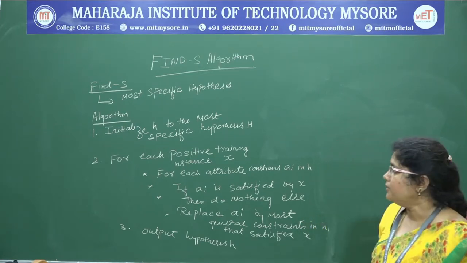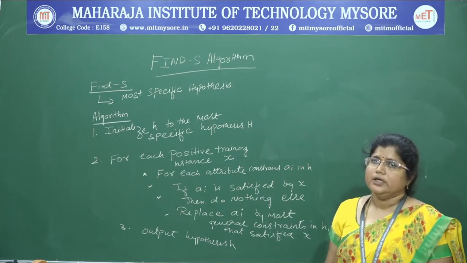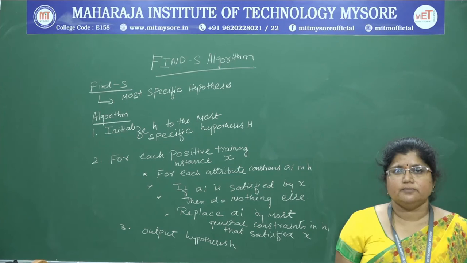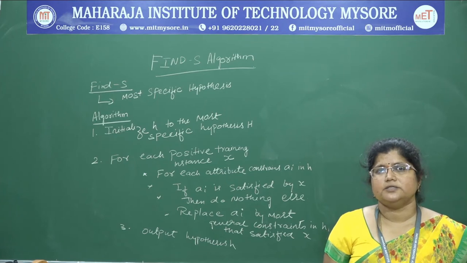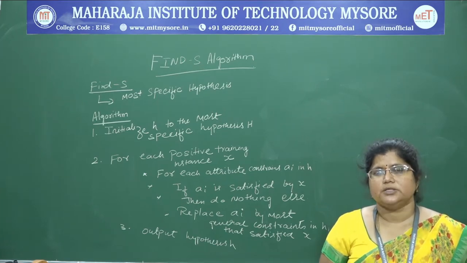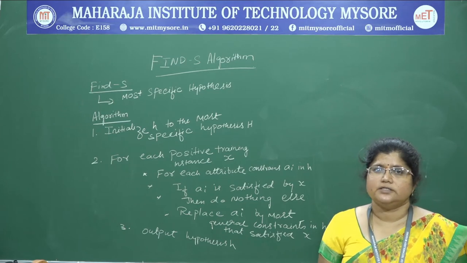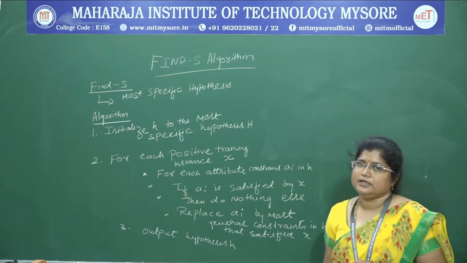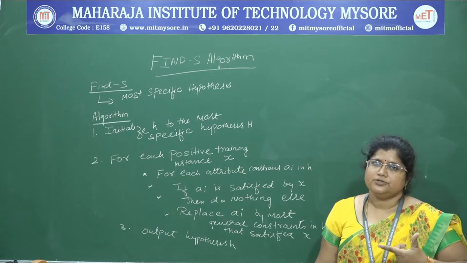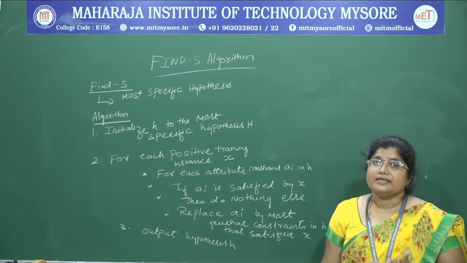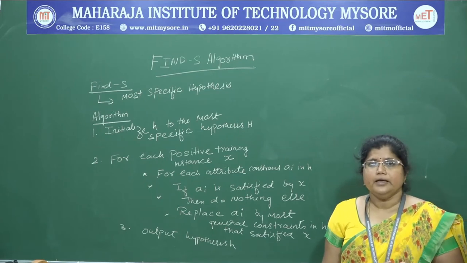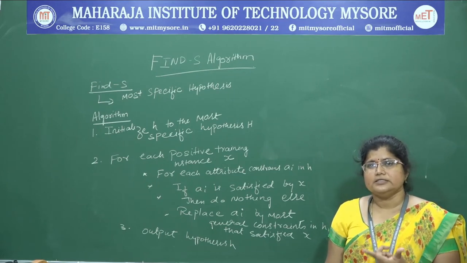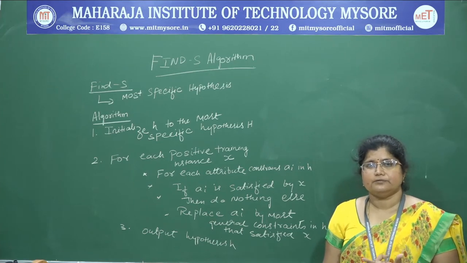Now let us look at how the Find-S algorithm is going to work. The main thing is that the Find-S algorithm is required to generate a hypothesis. The hypothesis must address all the positive examples available in the data set. So that's the main intention of having the Find-S algorithm. It tries to find the maximally specific hypothesis, starting from the most specific hypothesis, comparing with the data set and considering only the positive examples of the data set.